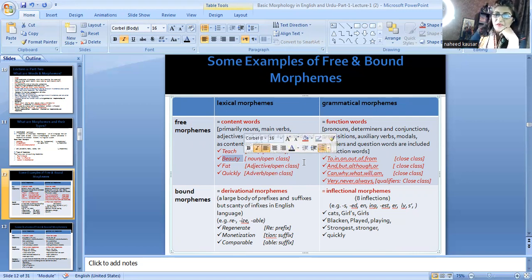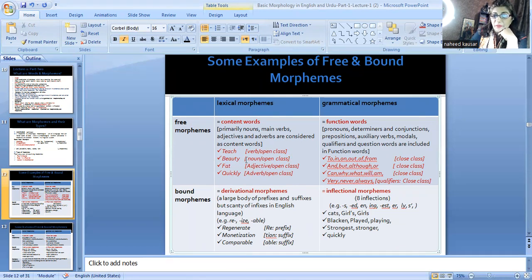But I want to emphasize this area: usually the lexical morphemes are considered to be the content words, and they primarily are nouns, main verbs, adjectives, and adverbs, as I have given the examples of teach, beauty, fat, and quickly.